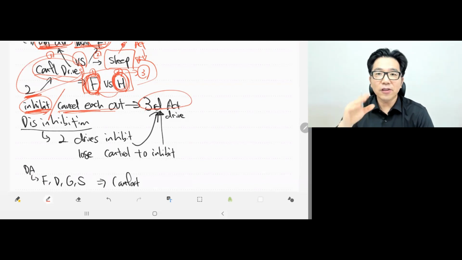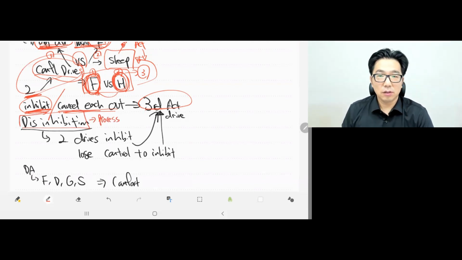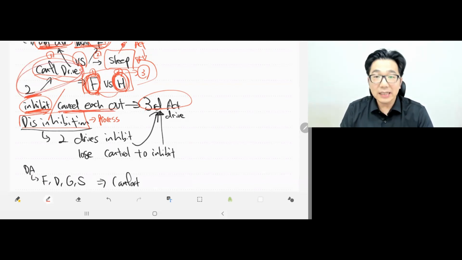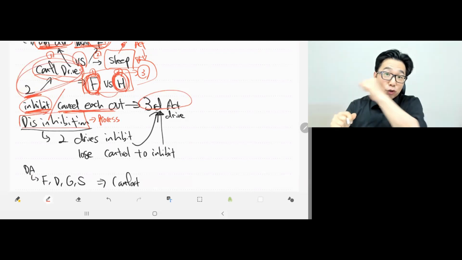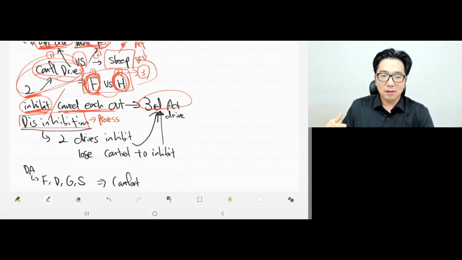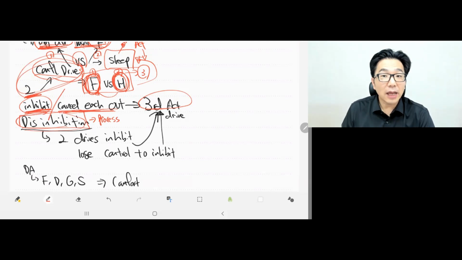Did you understand it? If you understood this completely, then you are very advanced. You have very good listening skills. So this process is called disinhibition. This process of two conflicting drives canceling action one and action two, and finally doing a third action, something really strange, is called disinhibition.